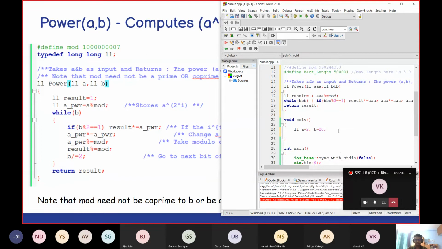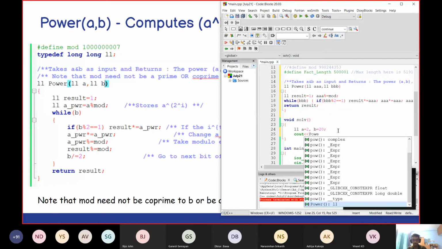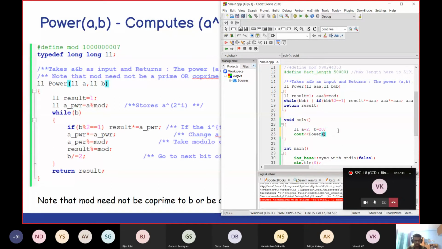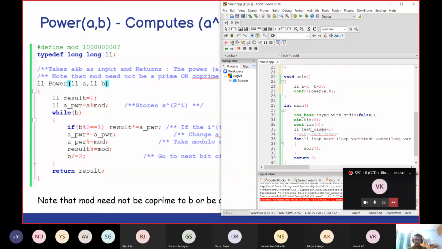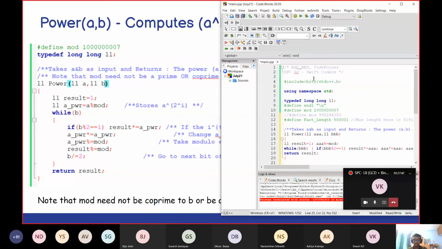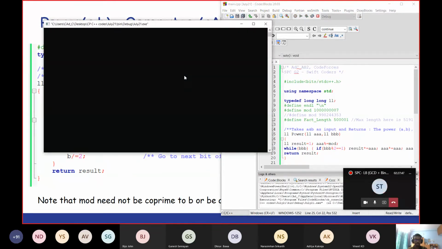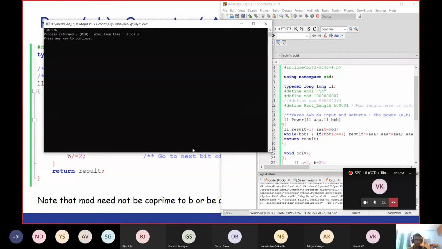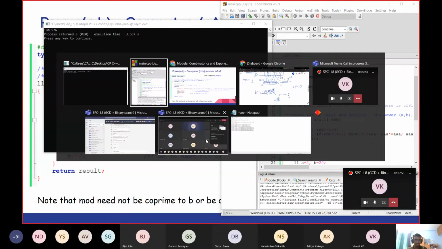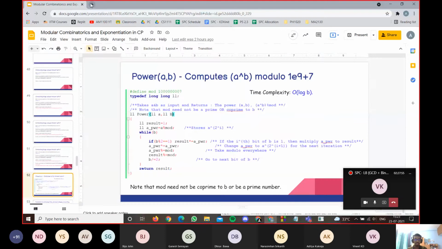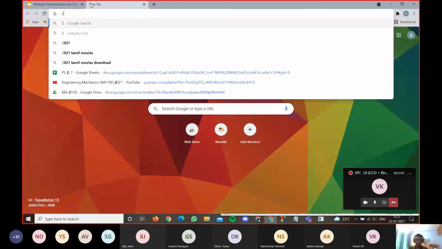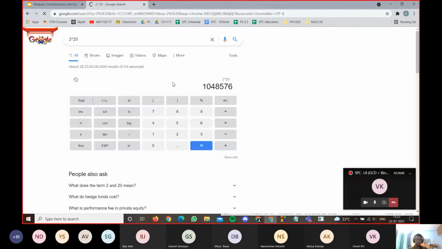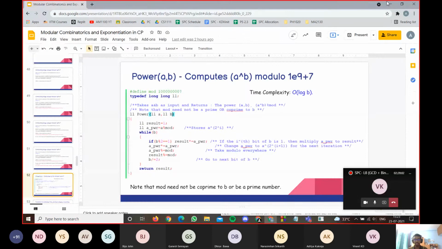So let's check that once and see: power of 2 comma 20. It gave some number, 1048576. So let's check Google, 2 power 20. 1048576. So we were correct.